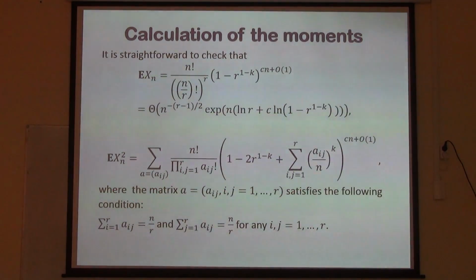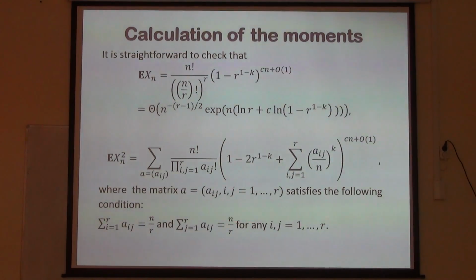So what is the second moment? We want to compute the number of pairs of balanced colorings which are both proper for our hypergraph.